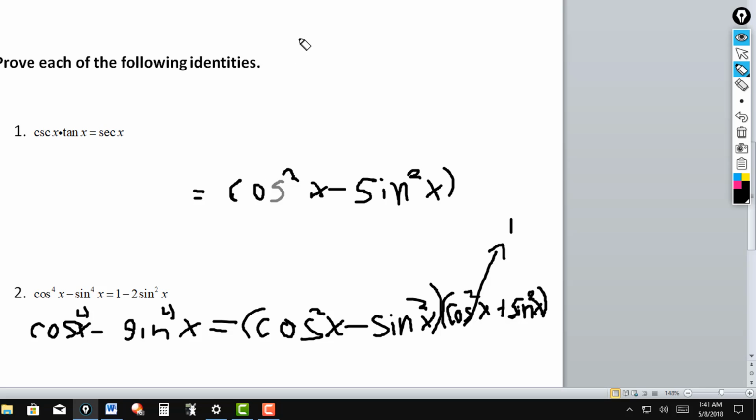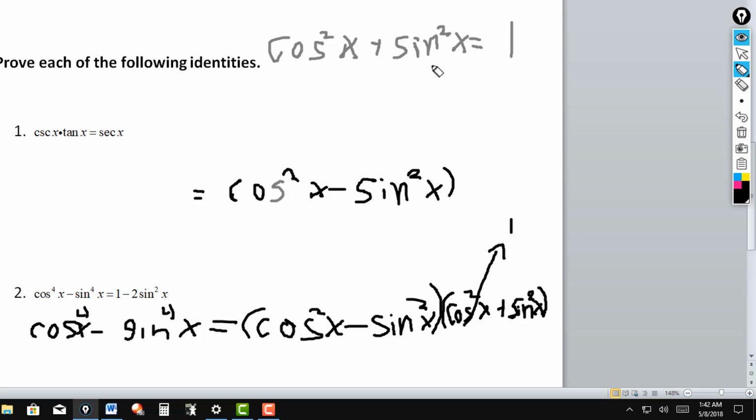Well, from your basic identities, we know that cosine squared x plus sine squared x is equal to 1.